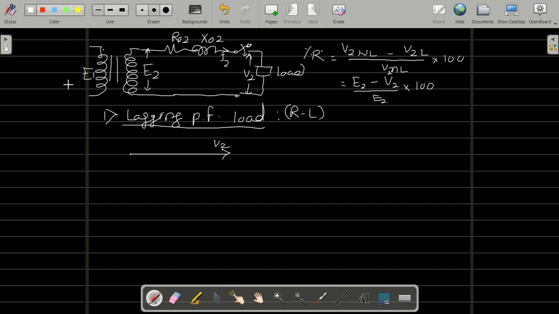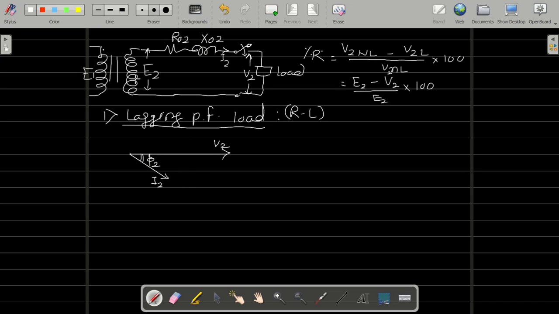What about I2? Where will I2 be? The load is a lagging power factor load, so I2 will lag here, right? So this is I2, and this current is lagging by angle of phi 2. I am assuming it is an inductive load, meaning lagging load, RL load is there, so current is lagging the voltage by angle of phi 2, right?